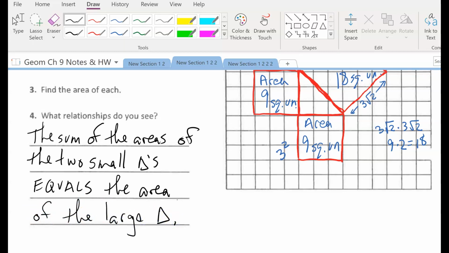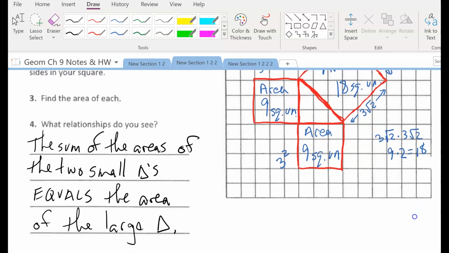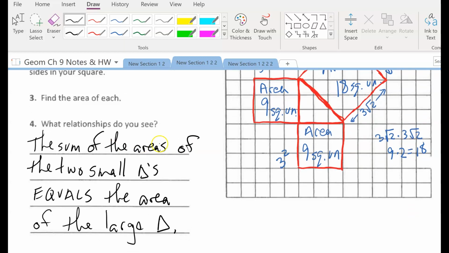Okay, and we're going to rephrase this in just a minute in the box below using the sides of the triangle. So the sum of the areas of the two small triangles equals the area of the large triangle. So the 9 here and the 9 here equal the 18 there.